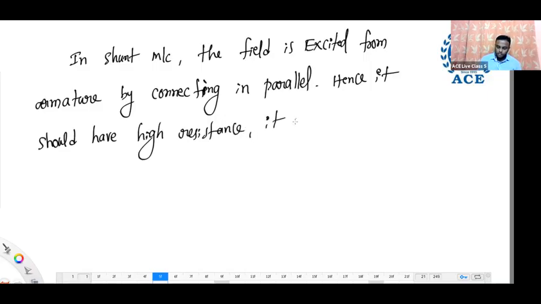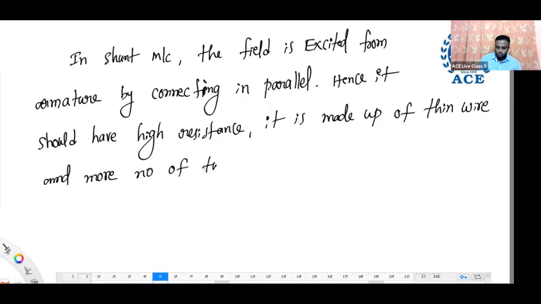It is made up of thin wire and more number of turns to produce the required flux.